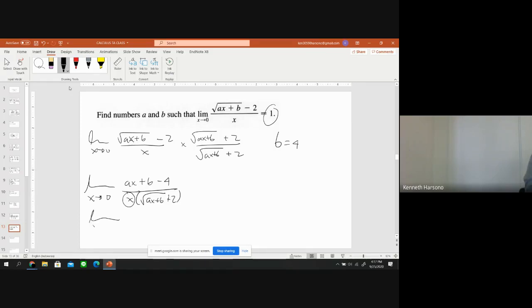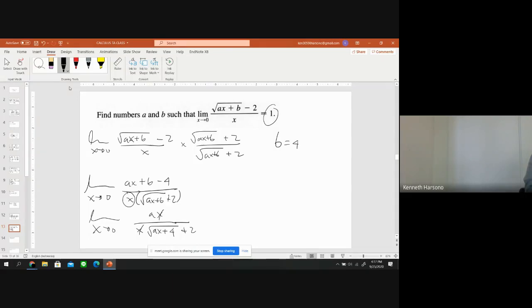And so the limit becomes, as x approaches 0, ax over x times the square root of ax plus 4 plus 2. And the x cancels out.